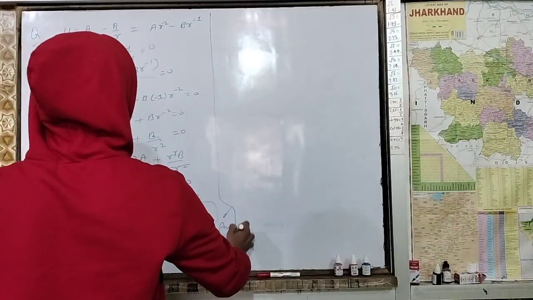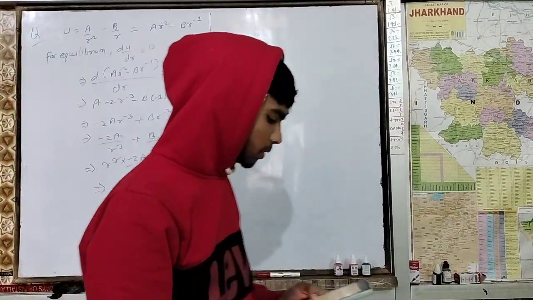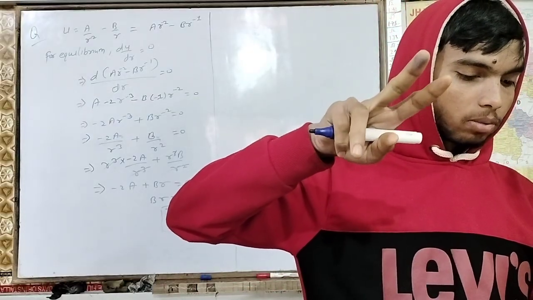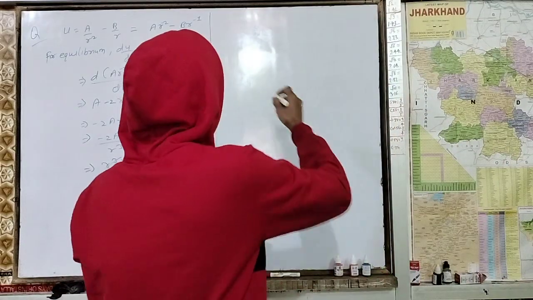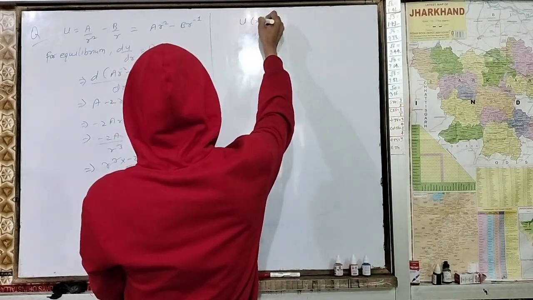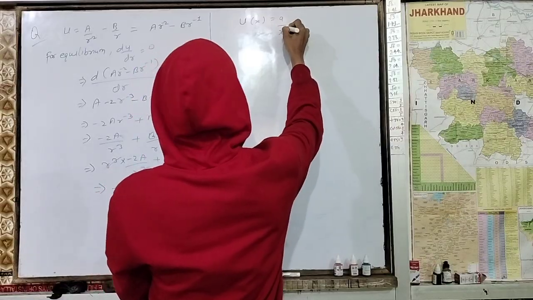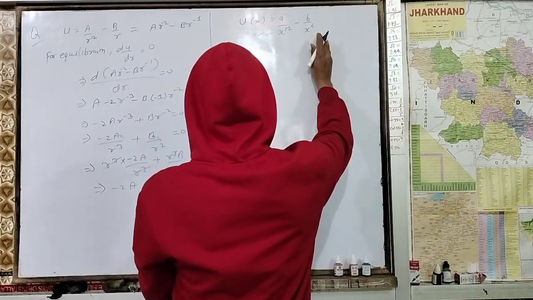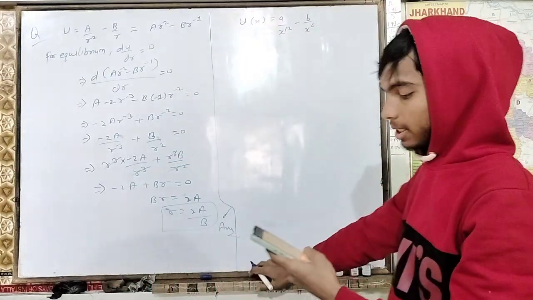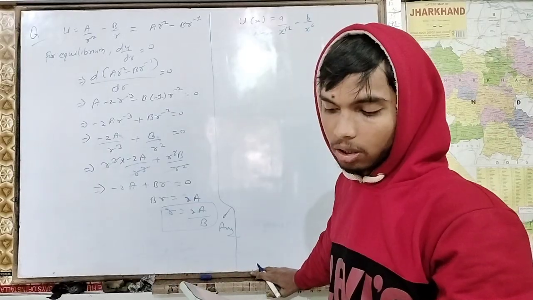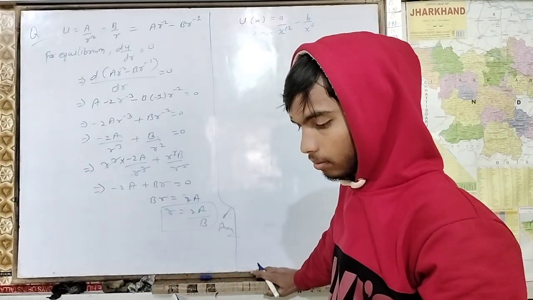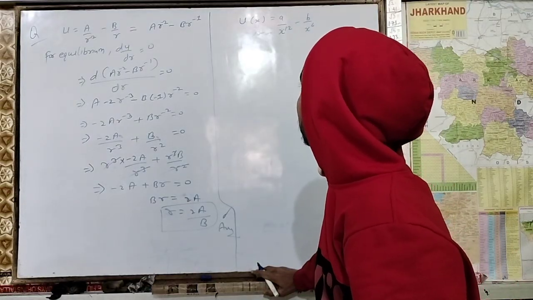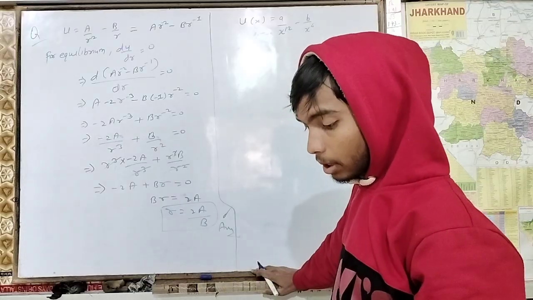Now next question. The potential energy between two atoms in a molecule is given by U(x), which is A upon x raised to power 12 minus B upon x raised to power 6, where A and B are positive constants, and x is the distance between atoms.